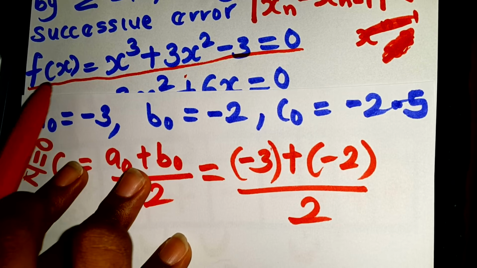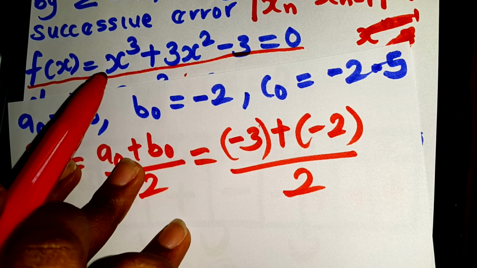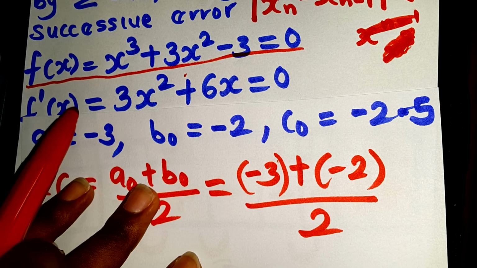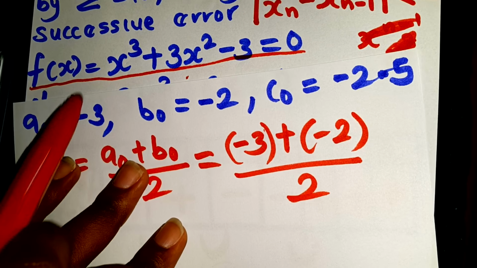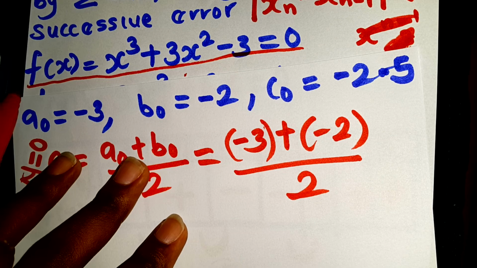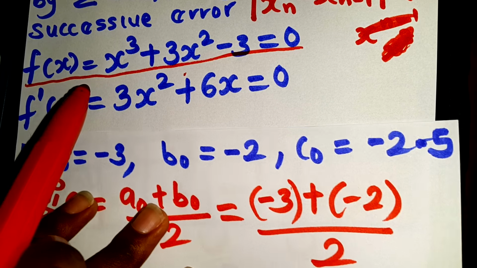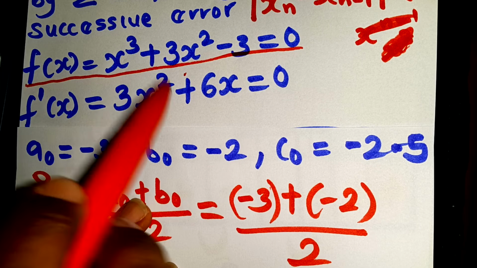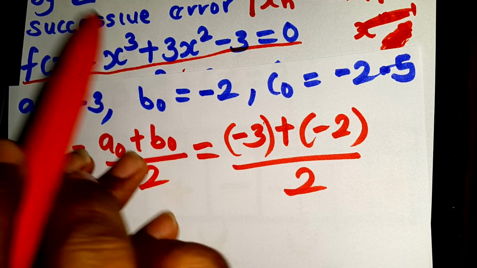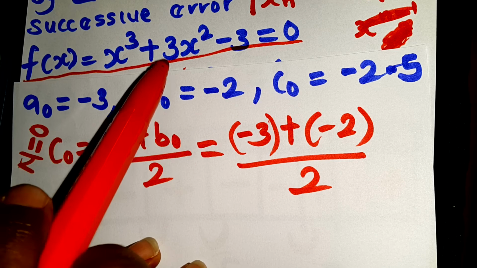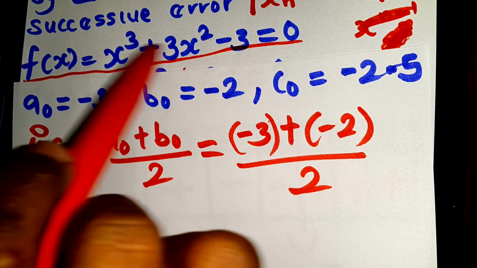Have this in mind that we are not using f prime here, the derivative of f, at all. We are only using our function. I only took this derivative so that you know that you just have to put that one into consideration too. But here we are dealing with our function. So you have to put these things into our function.